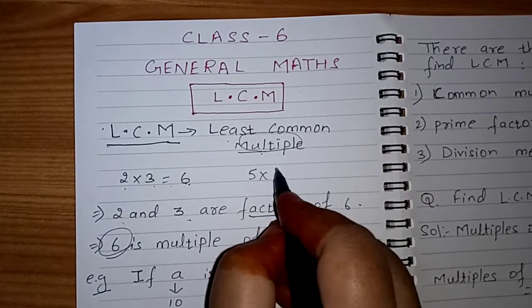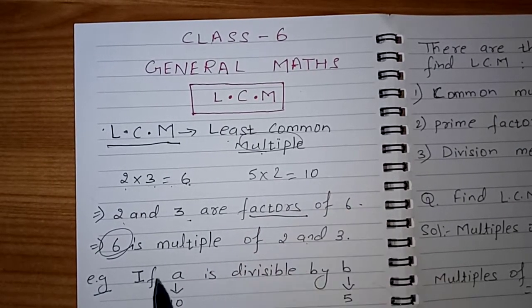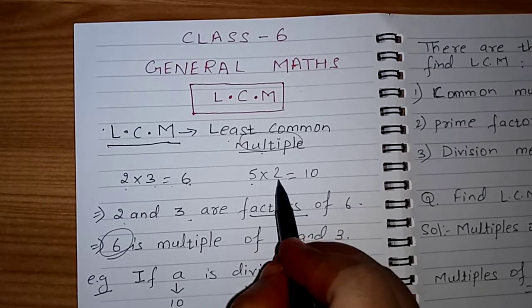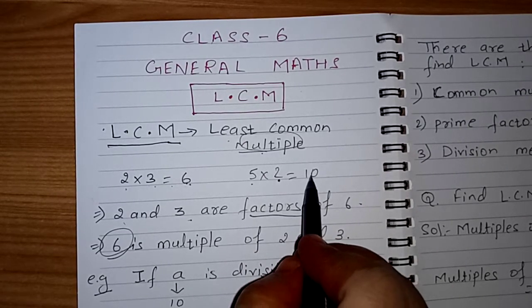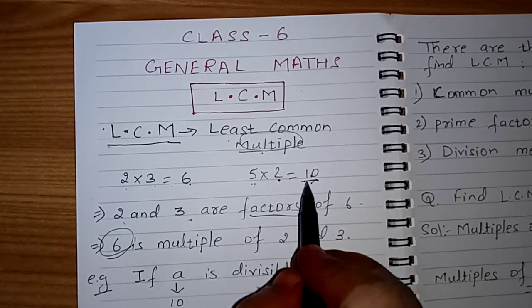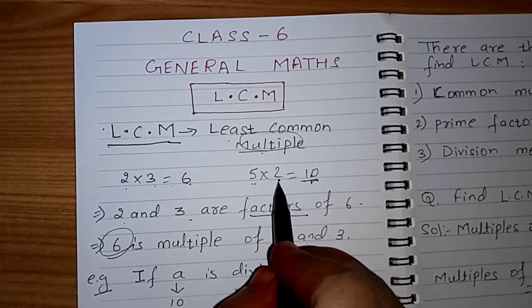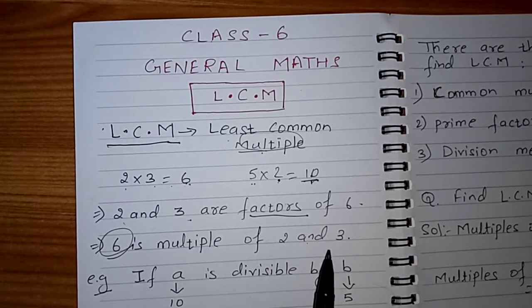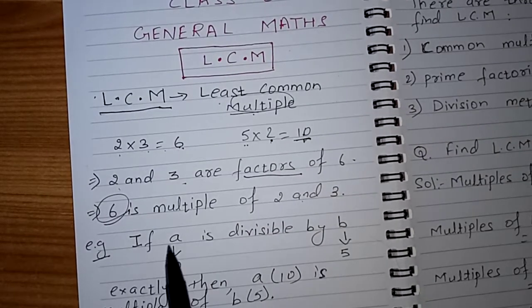Example: 5 into 2 is equal to 10. Then 5 and 2 are factors of 10, whereas 10 is a multiple of 5 and a multiple of 2. Understood, children, what is a multiple?